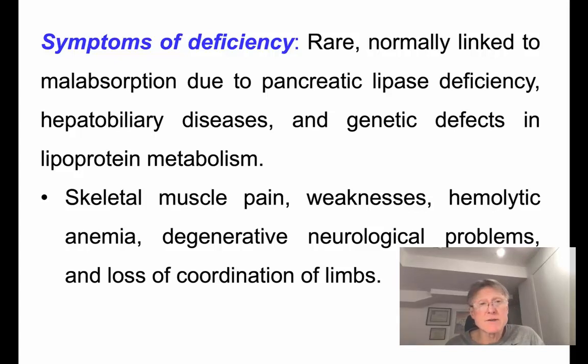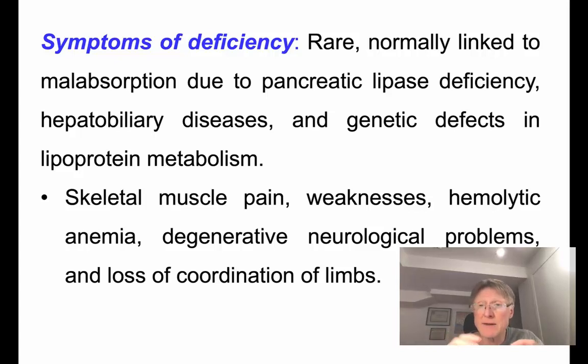This is usually due to pancreatic lipase deficiency, hepatobiliary diseases that block the release of bile, for instance gallstones. And also there are genetic defects in lipoprotein metabolism, where those apolipoproteins that are usually located on the lipoproteins are missing or modified.